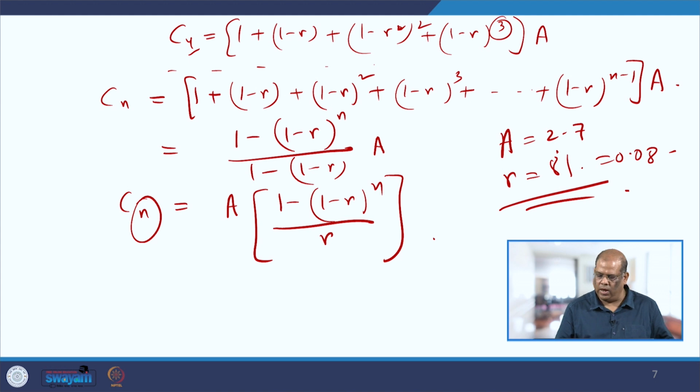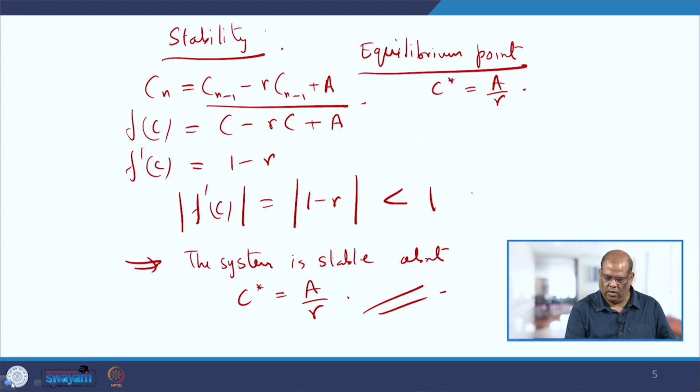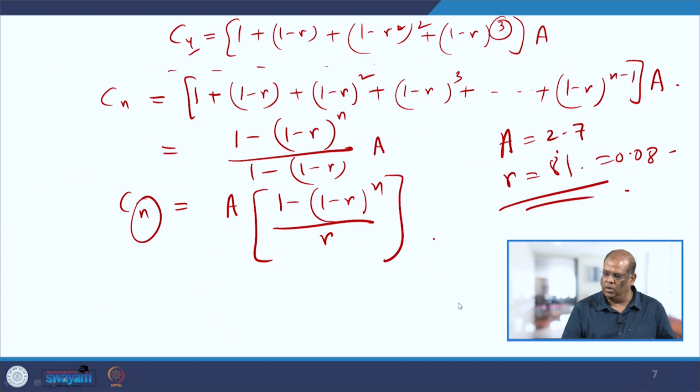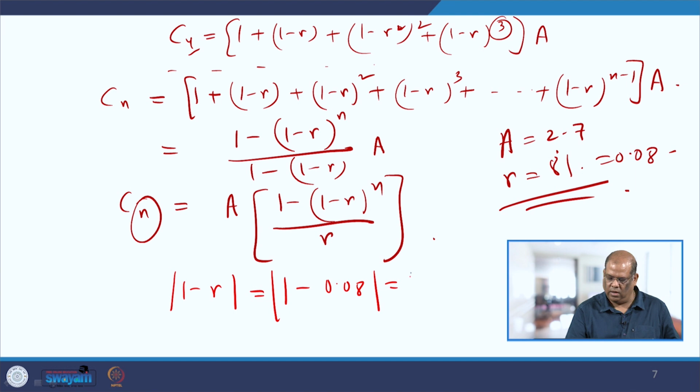So as you have noticed, the condition for stability is the modulus of 1 minus R being less than 1, and if you check with this particular value, the modulus of 1 minus 0.08 is 0.92, which is less than 1. And hence your system is stable about the equilibrium point A star by R.